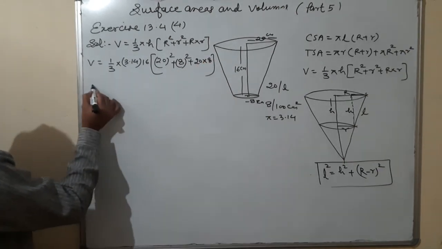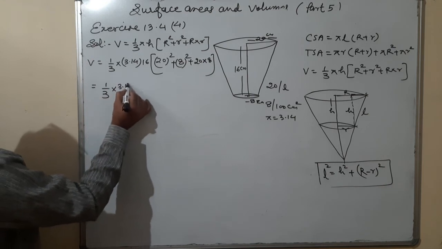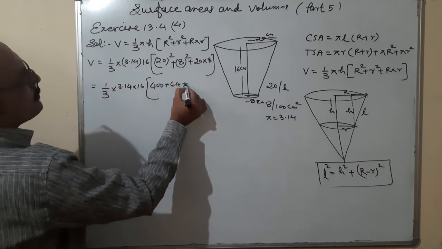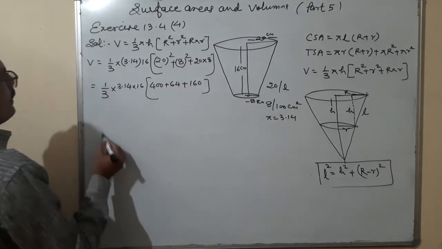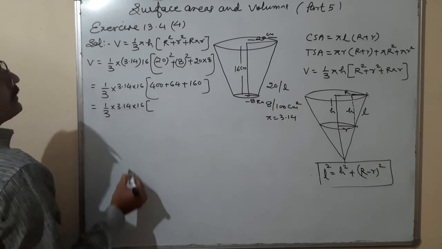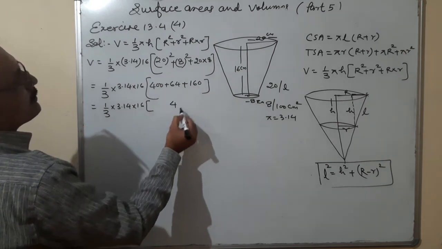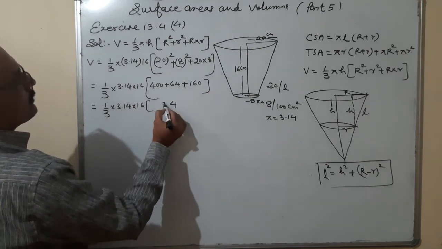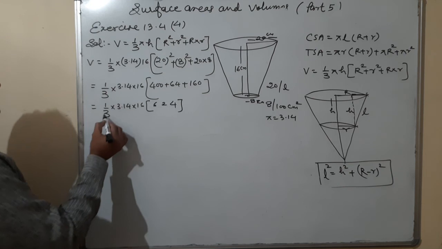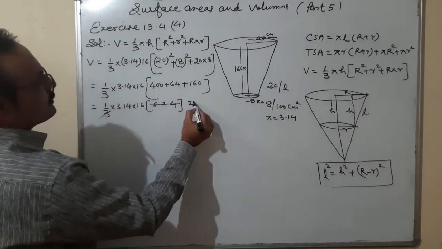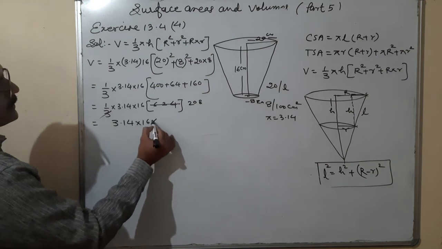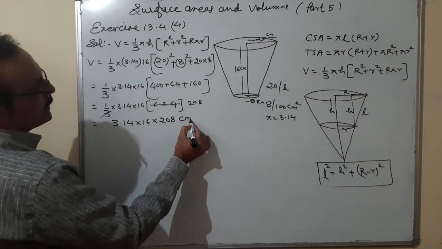So it is 1 upon 3 into 3.14 into 16, 400 plus 64 plus 160, which is 624. This will be cancelled by 3, giving 208. So it is coming 3.14 multiplied by 16 multiplied by 208 centimeter cube.